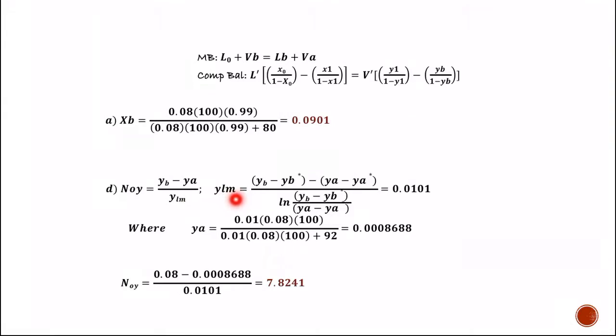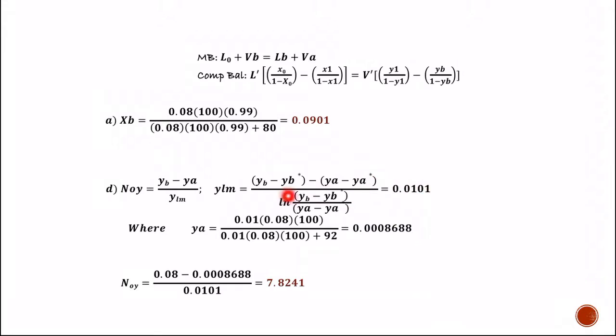For Y log mean, we can use this formula and get 0.01, where YA is equal to 0.01, which is 100, minus the desired recovery of benzene, which is 99%, times 0.08, which is the mole fraction from the gas stream, times 100, which is the gas feed rate, all over 0.01 times 0.08 times 100 plus 92. This will all be equal to 0.0008688.